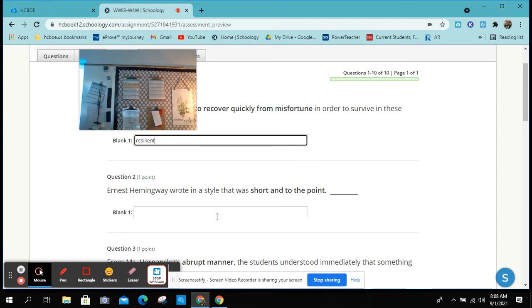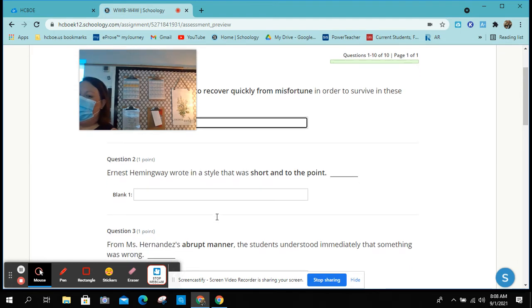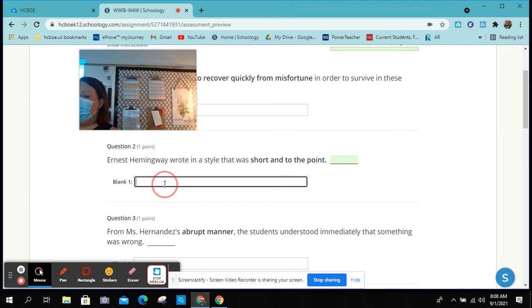Or their papers in the instance of paper stuff. I need to know what you know. I don't need to know what the person beside you knows or the person behind you or in front of you knows. Okay? You're going to go through these and you are going to type in your responses, and when you finish, you are going to click submit.